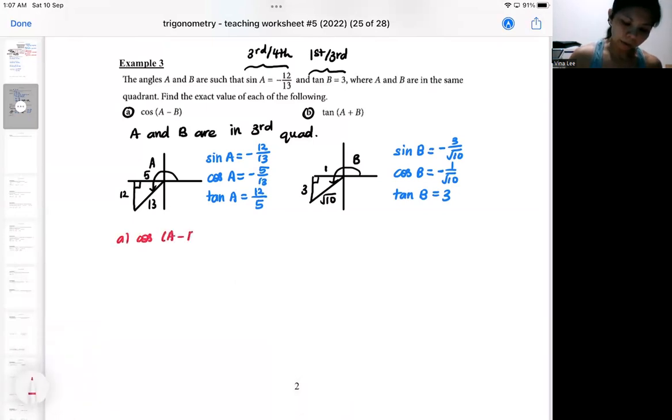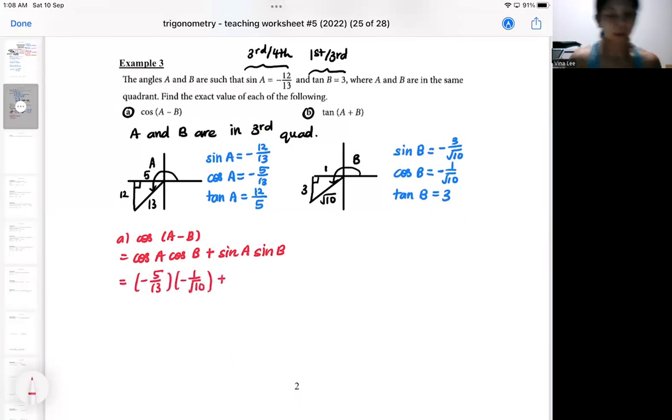Okay, write out the formula first. This one will be cos, cos, sin, sin. Write out the formula, put in the fraction. That's why it's easier if you have gotten ready all the fractions, then you just put in.